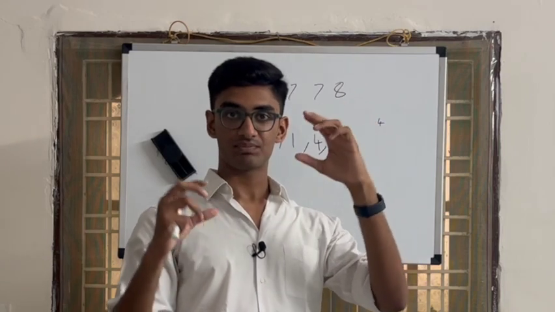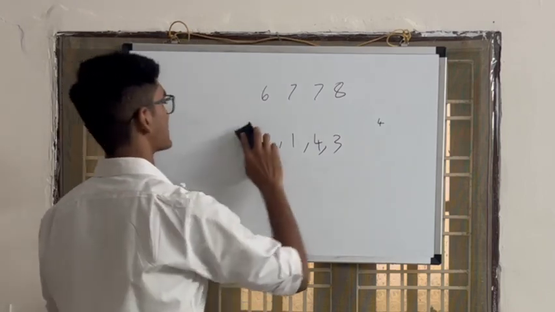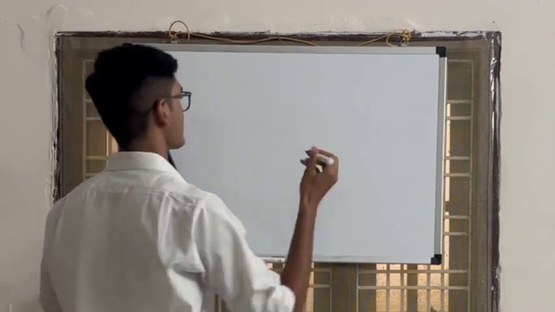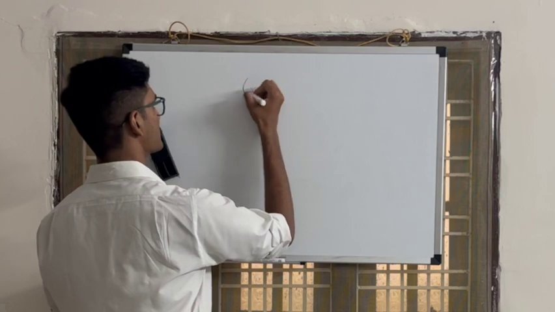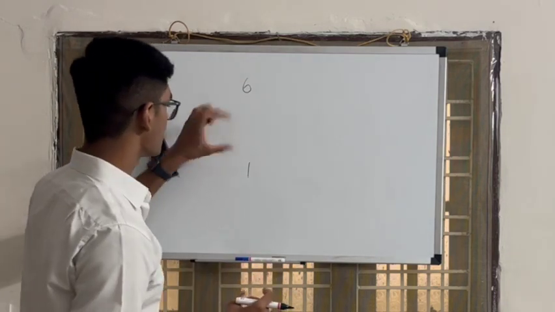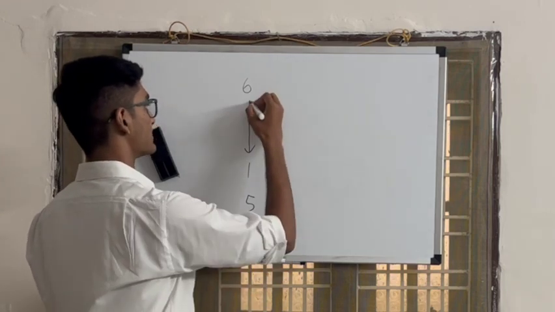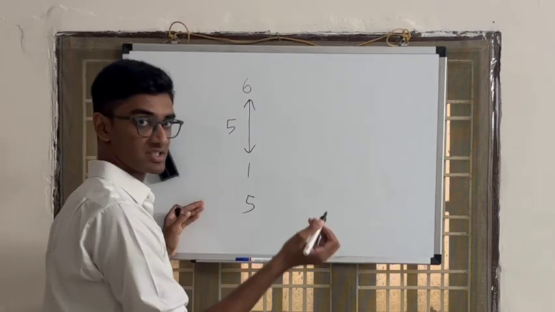Let me say it like this. You take the numbers 6 and 1, get the difference as 5, which means that the length difference between these, which is what difference basically means, is 5.